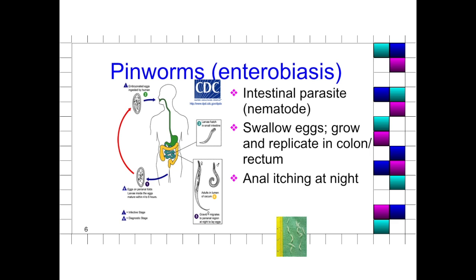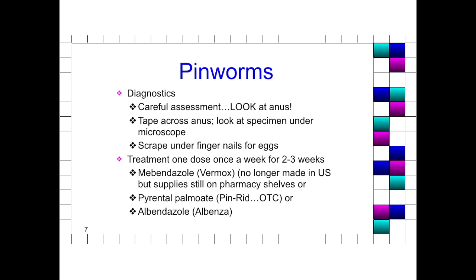Of course, the parents look and they're like, "Well, I don't see anything," but they're not looking the way we look. How do we diagnose it? Well, we have to do a careful assessment, which means that you need to look at the anus. During the daytime, what we'll do is turn out the lights, spread the buttock cheek, and open up the anus a little bit and we can see the worms.